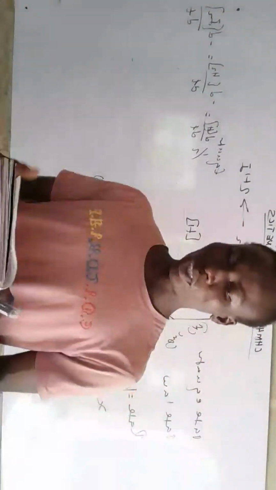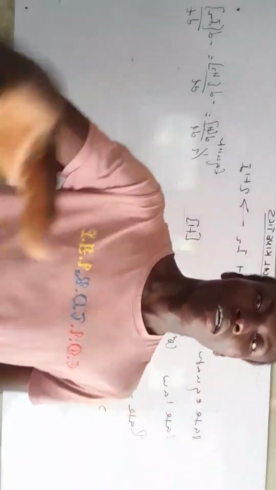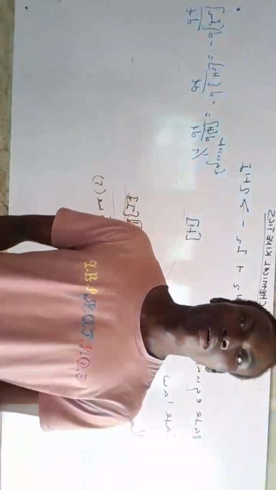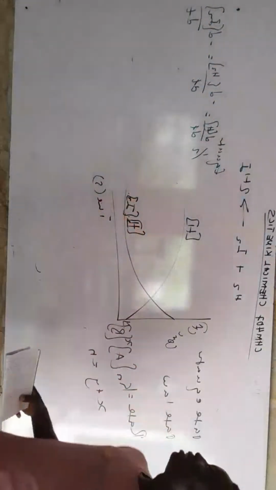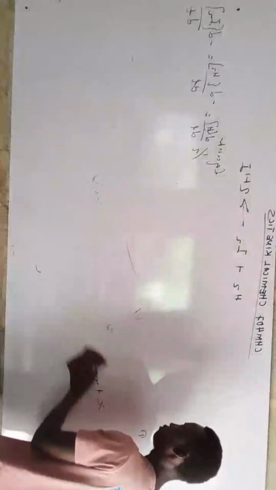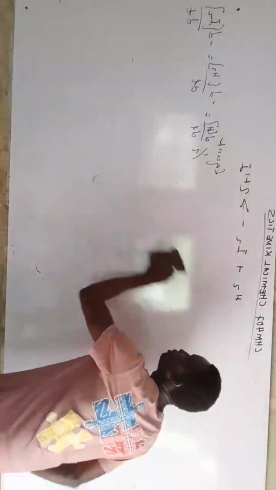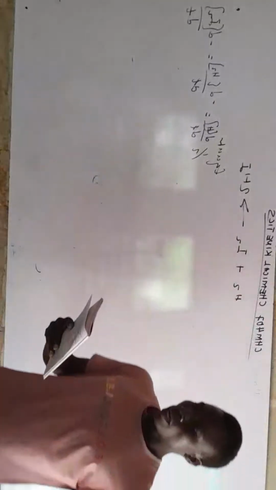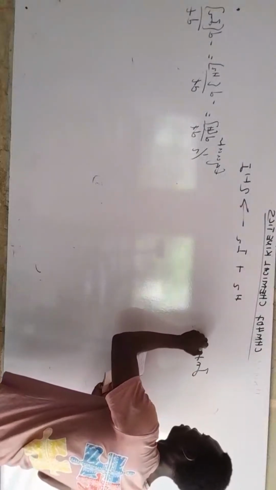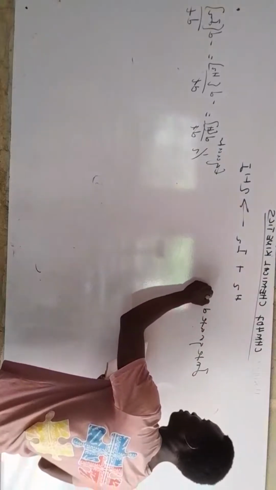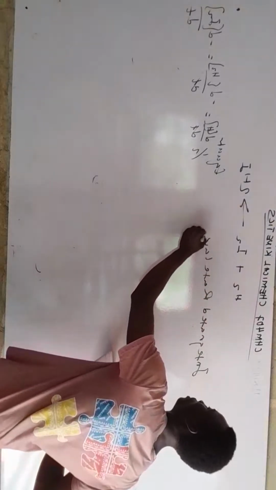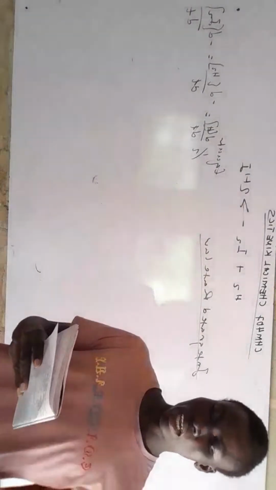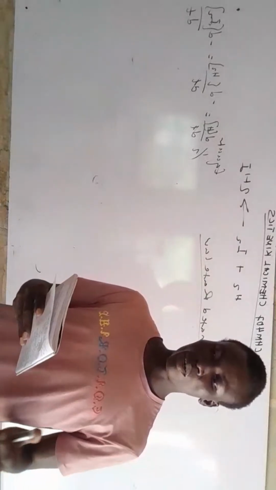Now, we proceed to what we call integrated rate law. When it comes to integrated rate law, what do we have? From the word integrated, you should have had knowledge of integration and differentiation. Under integrated rate law, the derivation of the integrated rate equation, we have number one, zero order reaction.